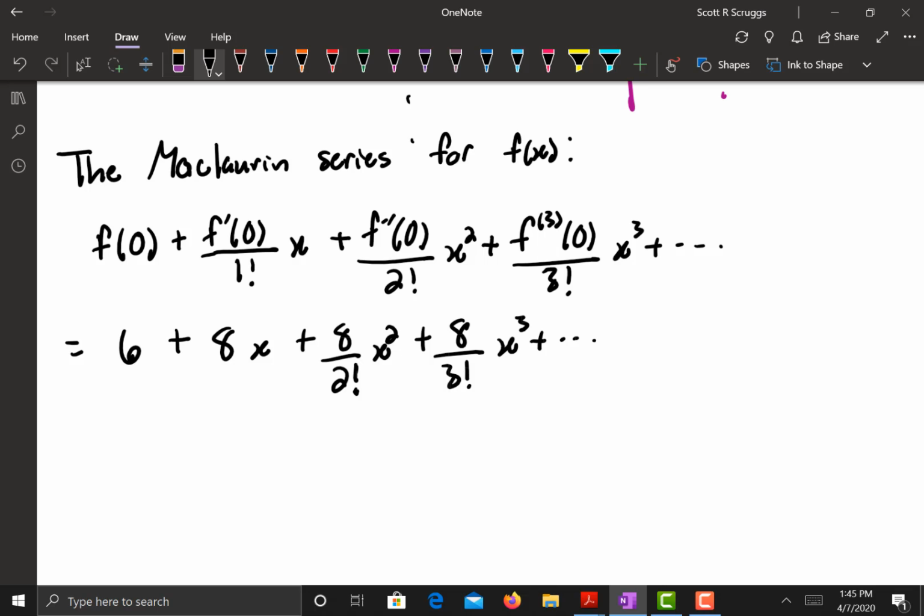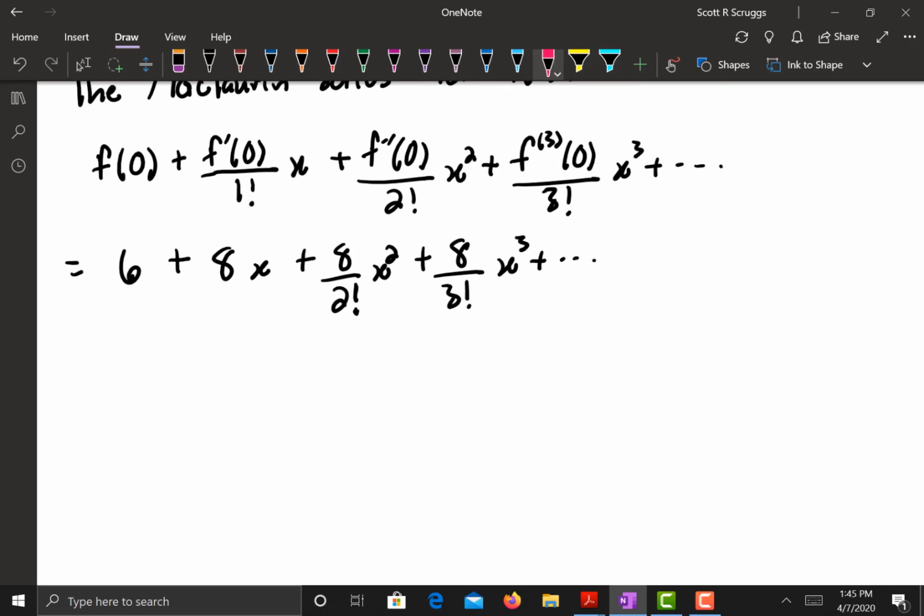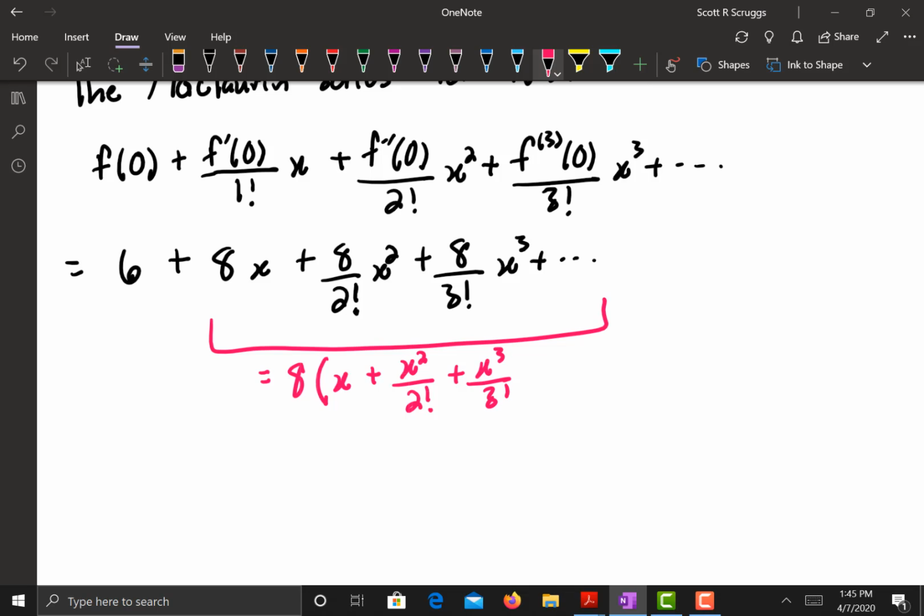Now, one tempting thing is to note that they all have 8s in them, and to factor out the 8. However, I would be cautious, because once I factor the 8 out, I have 8 times x squared over 2 factorial plus x cubed over 3 factorial plus dot dot dot and so on.